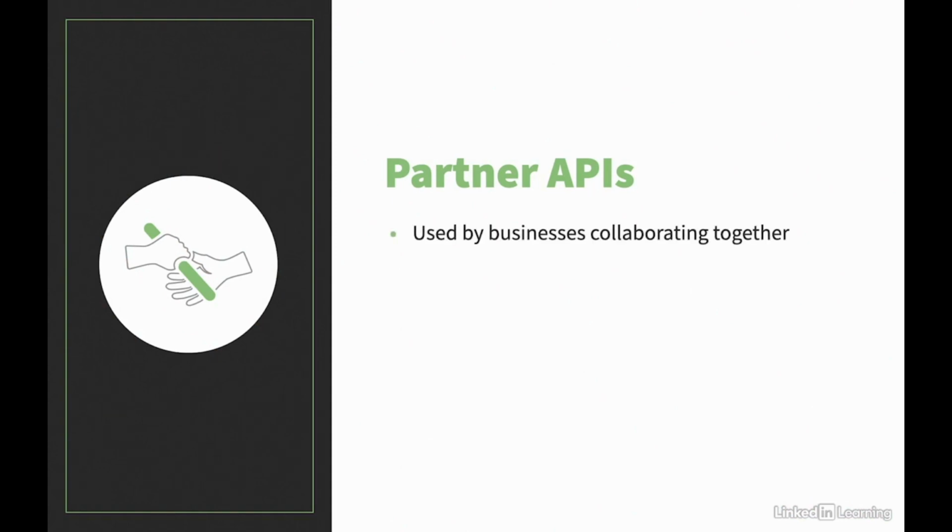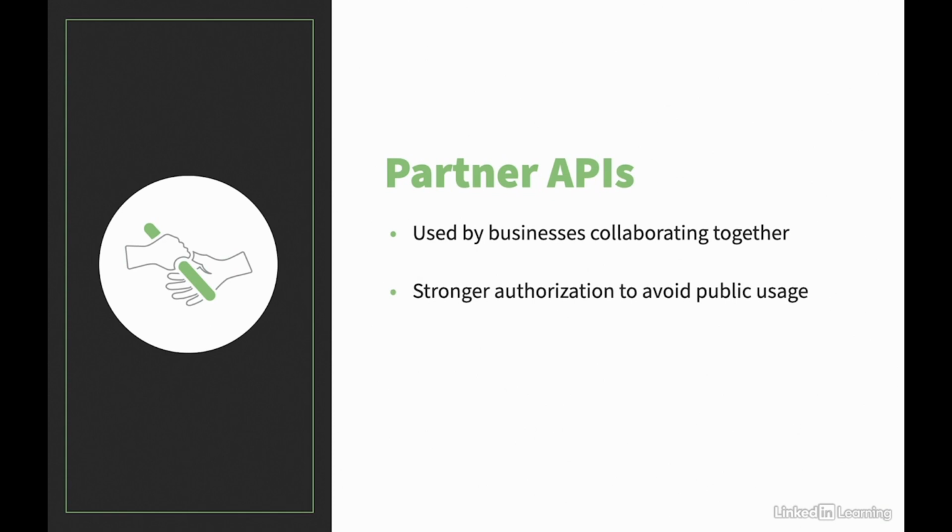The next one is partner APIs. These APIs are available only to those businesses which are in collaboration with the business that provides these APIs, like only if they are partnering together. So these APIs need stronger authentication and authorizations to avoid public usage of these APIs.